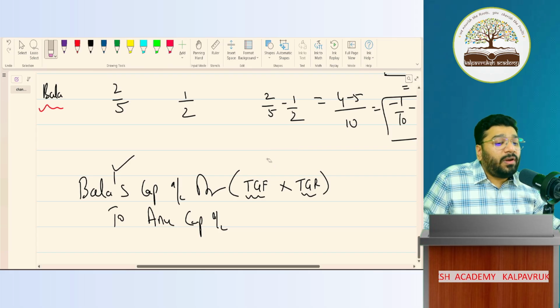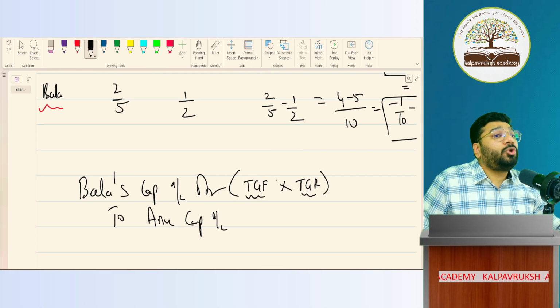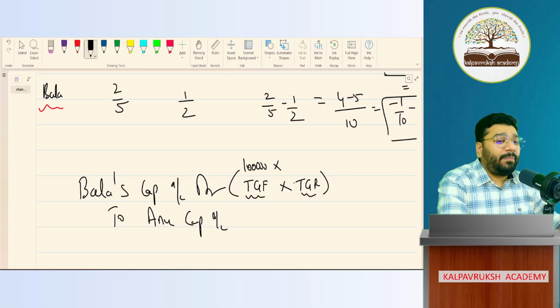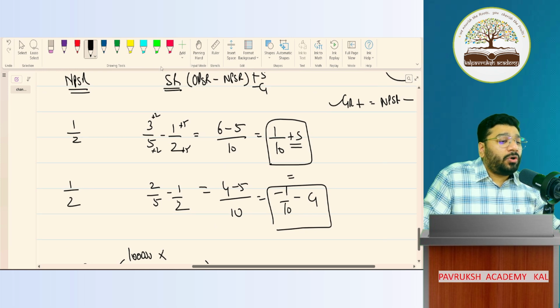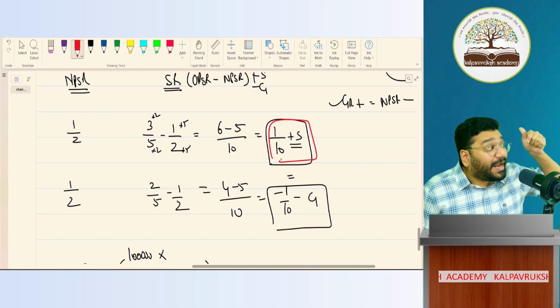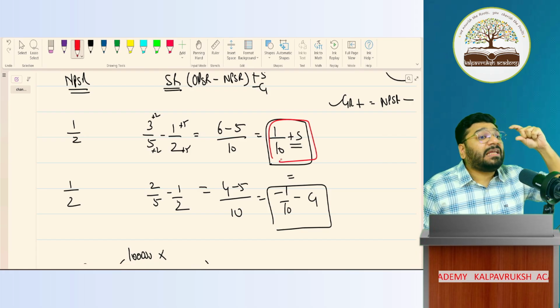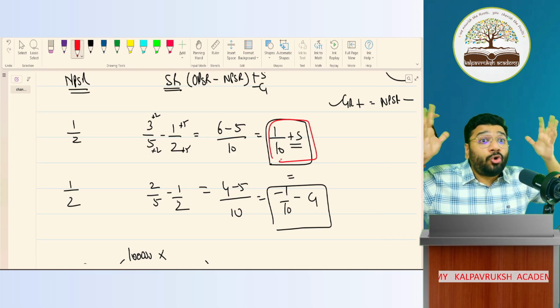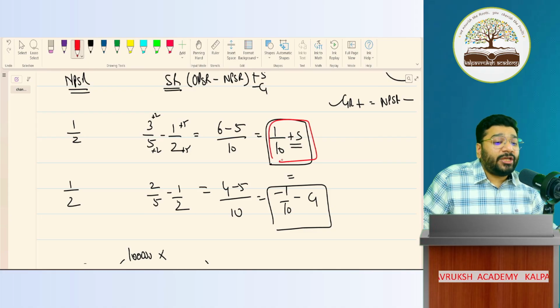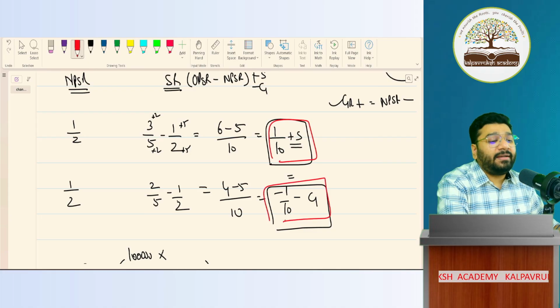What is the total goodwill of the firm, people? 1 lakh rupees. Total gaining ratio: in the gaining ratio column, when you take the entire sacrificing ratio or gaining ratio as a full fraction, it is called total sacrificing ratio or total gaining ratio. So what is the total gaining ratio? 1 by 10.